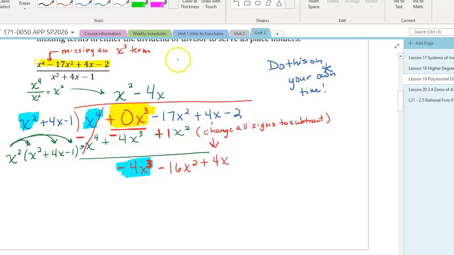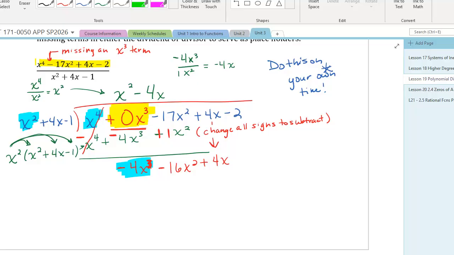Remember, another way to think about this is as negative 4x to the third divided by x squared. So negative 4 divided by 1 is negative 4. X to the third divided by x squared. Remember, we subtract those exponents. And 3 minus 2 would give you negative 4x to the first.